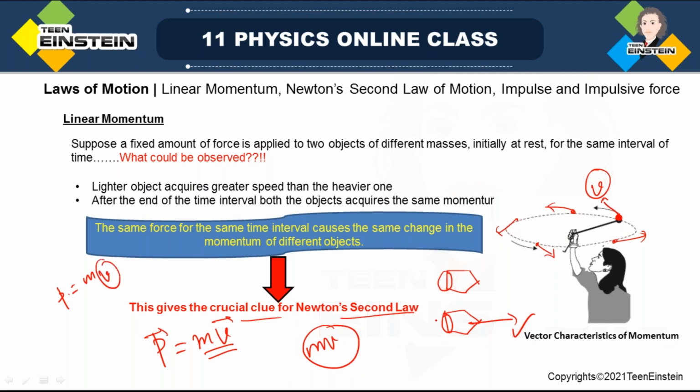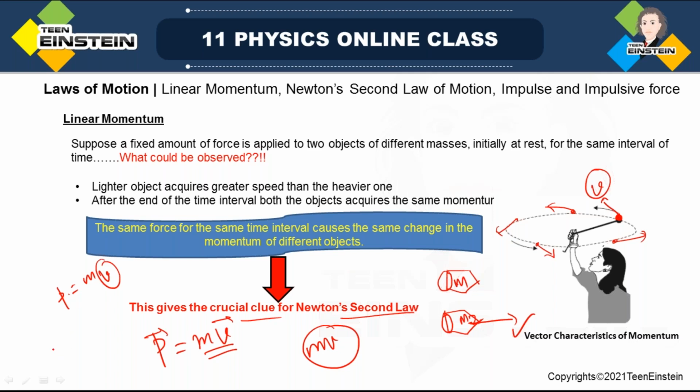In the case of the gun, the masses are the same. The only different thing is that for the greater velocity, the object has greater linear momentum. And whenever there is greater linear momentum, you need to apply a larger force to change the momentum.